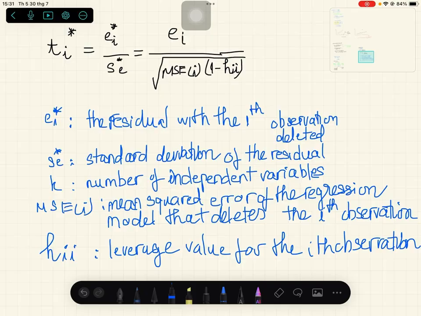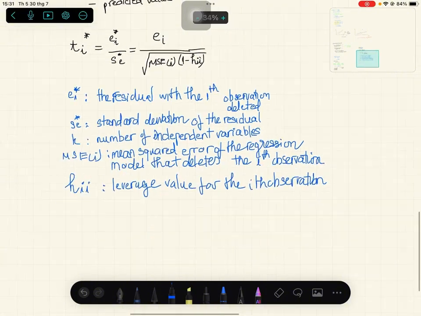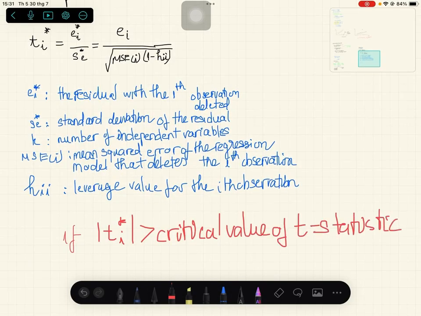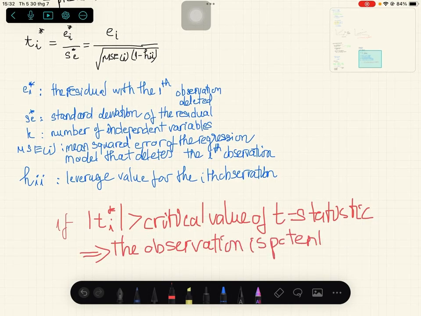If the absolute studentized residual exceeds the critical value from the t-distribution, that observation is considered a potential outlier. This approach is much more reliable than simply looking at raw residuals because it accounts for differences in variability across observations.